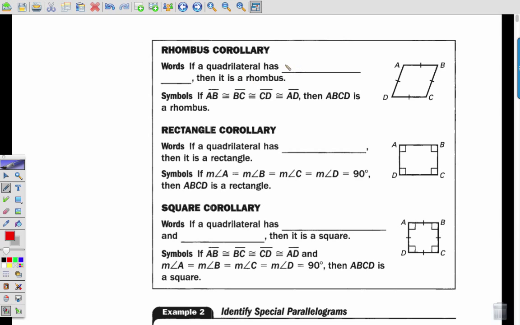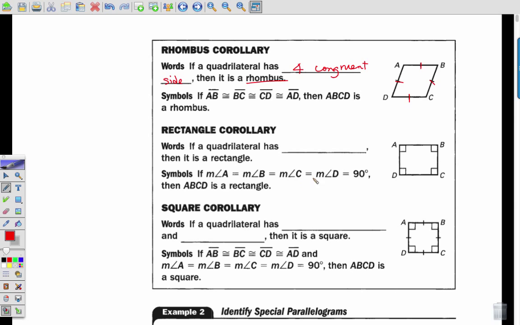If a quadrilateral has four congruent sides, then this quadrilateral is a rhombus. So in other words, here's ABCD. Look, all of these four sides are exactly the same. Therefore, this is a rhombus, right?